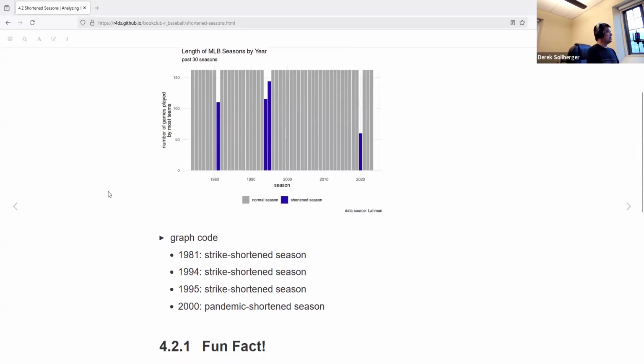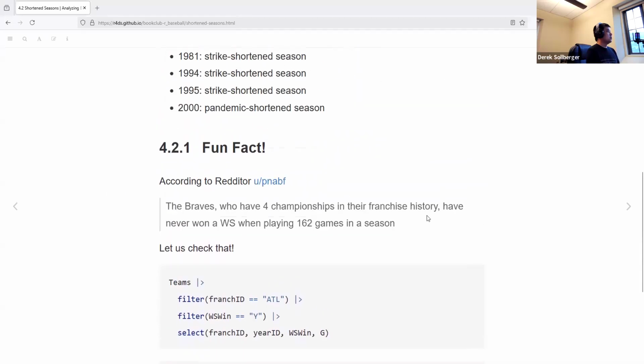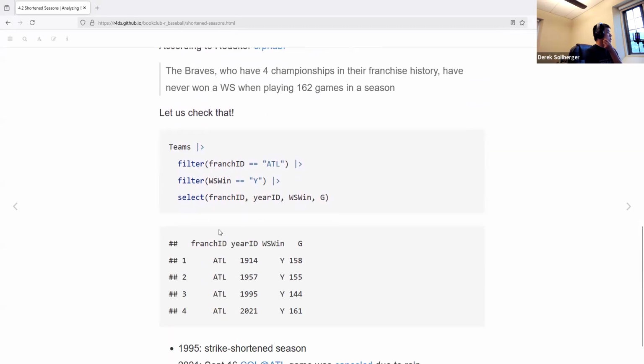When I was building these slides, I just came across a fun fact from Reddit. The Braves, who have 4 championships in their franchise history, have never won a World Series when playing 162 games in a season. Now, you probably remember the Braves winning in 95, but they've also won in, I believe, 21 as well. So when you go back and look at that, you see that's also not a full 162.